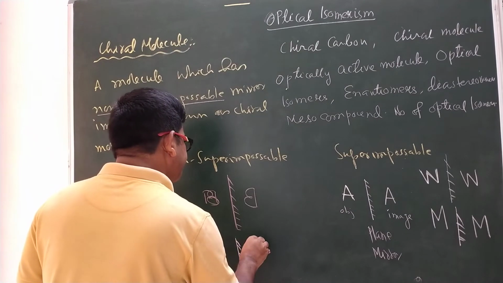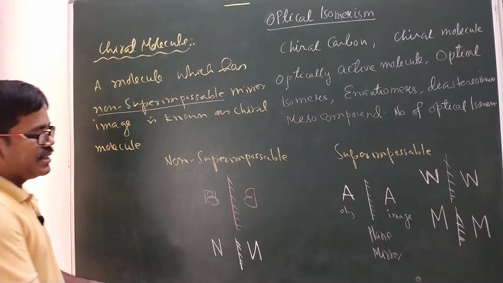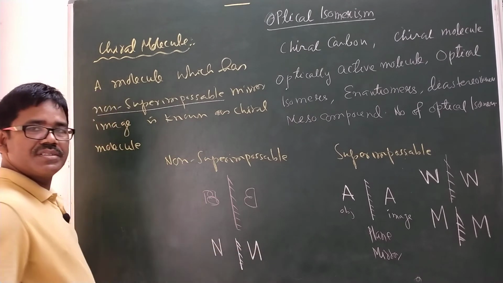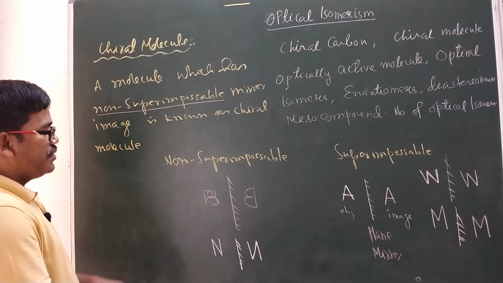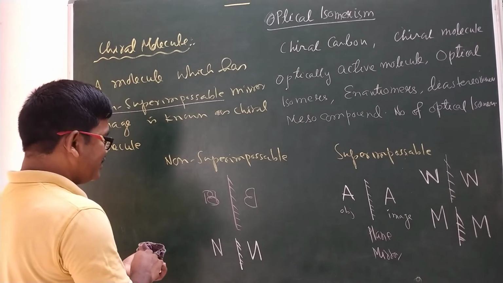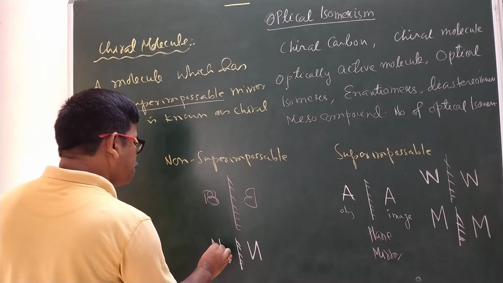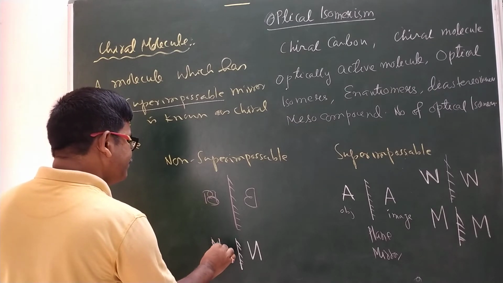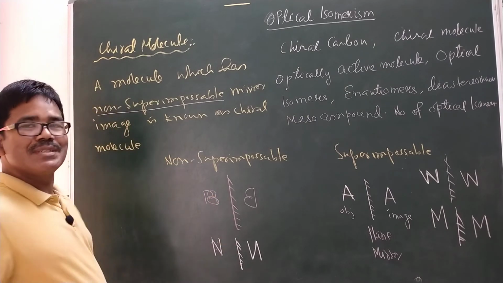If I take this image and try to paste on the object, it looks different. This is called non-superimposable.